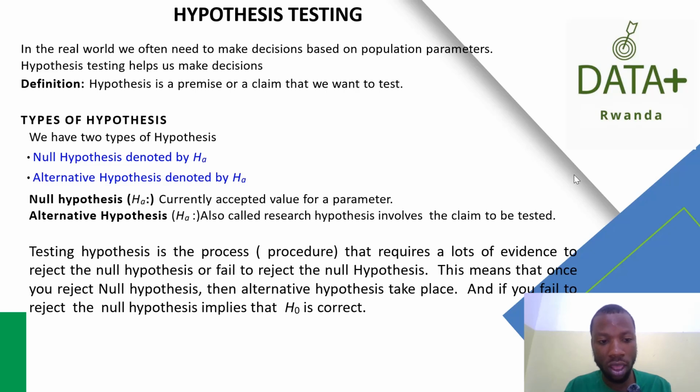And if you fail to reject the null hypothesis, it implies that the null hypothesis is correct; you don't have enough evidence, and what the people said is still true. But if you reject the null hypothesis, you say that what people said is not true. It is our position, where we have enough evidence to support it, if you reject the null hypothesis.